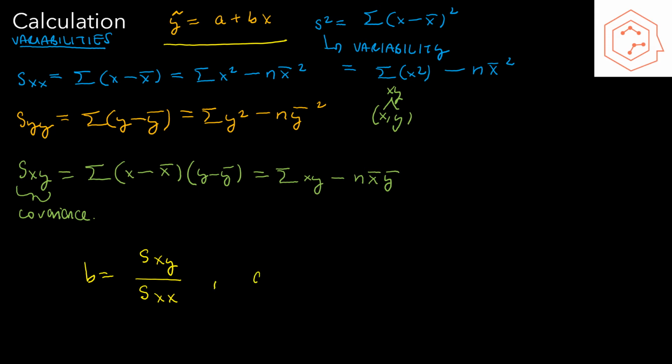And then a is equal to the mean of y minus whatever you found for b times the mean in x. So you find those two, you plug them into your equation for your line of best fit, and you will find it.